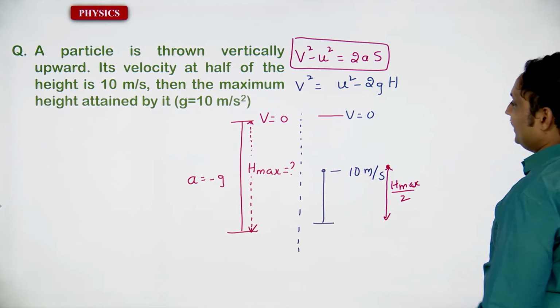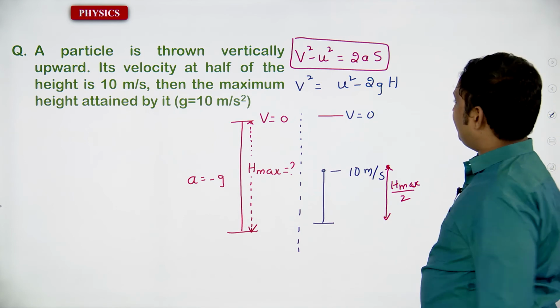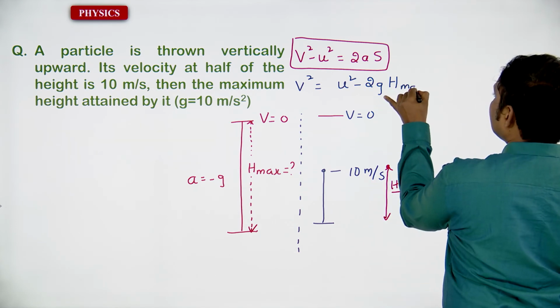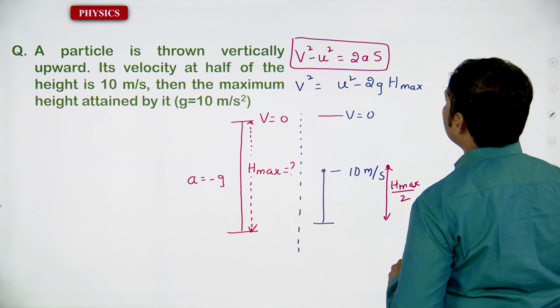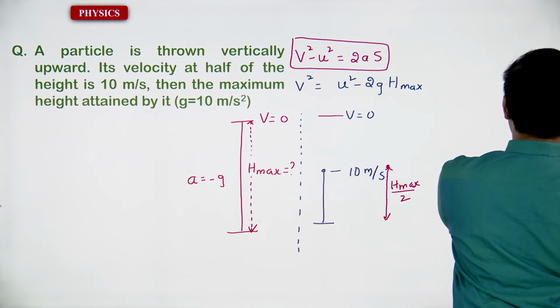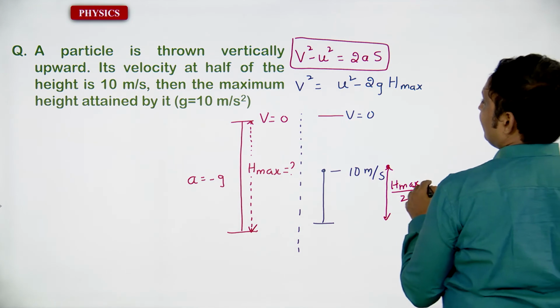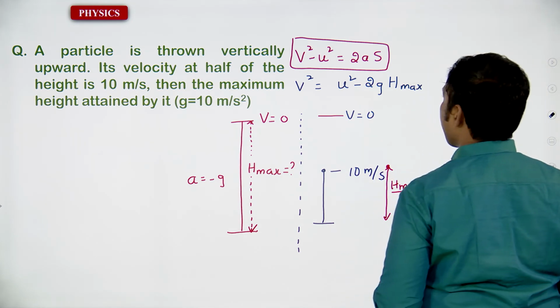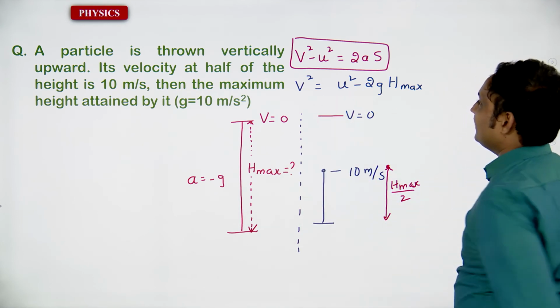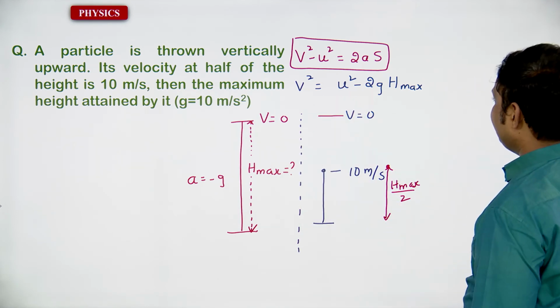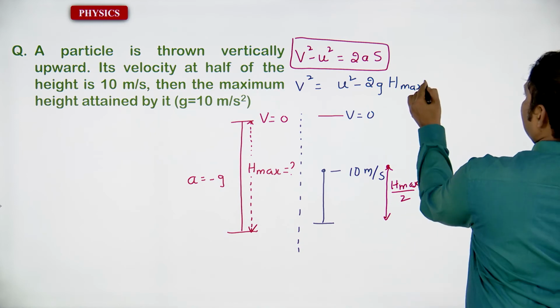You can confirm that h is equal to h maximum. All right. So at maximum height, what happened? You have to see that. It's very clear. If it has been taken, this is the first equation.